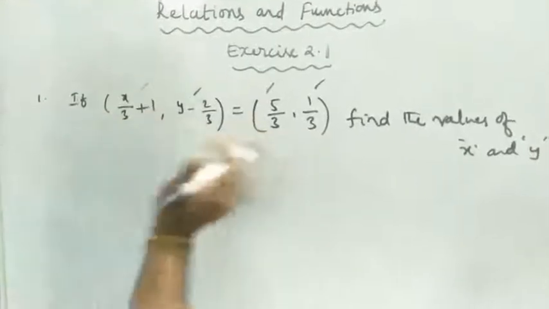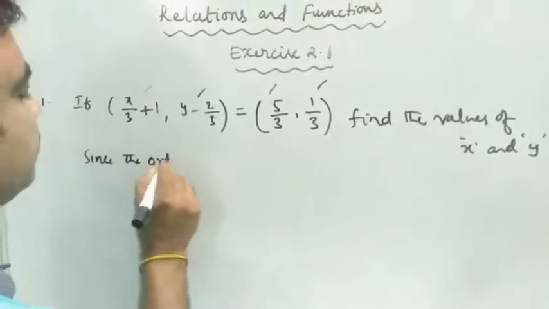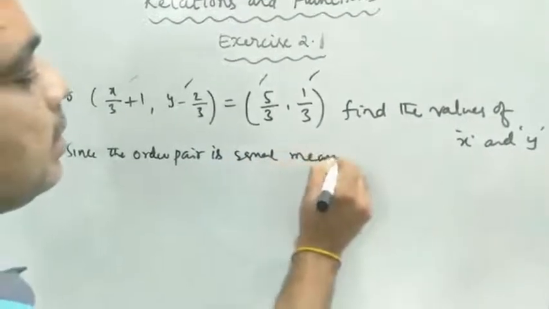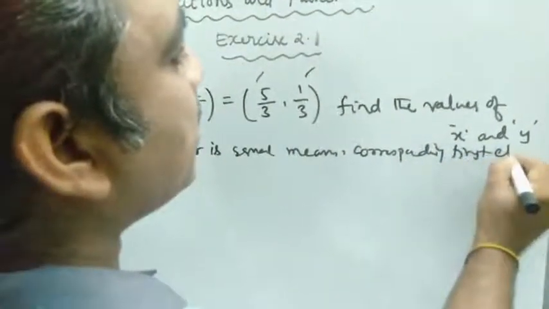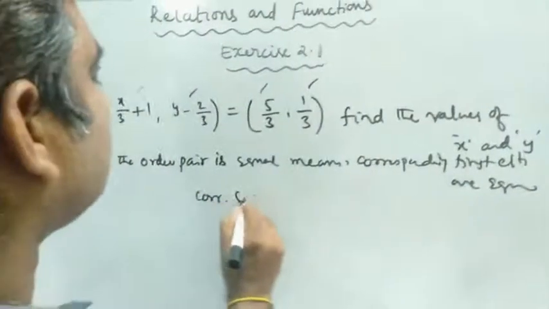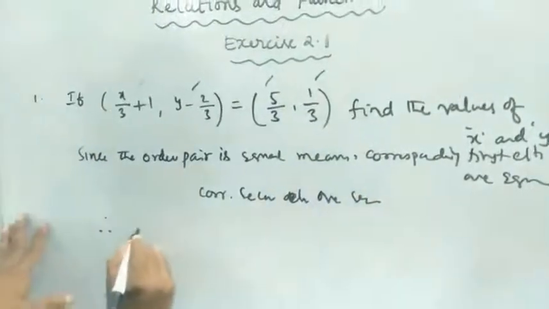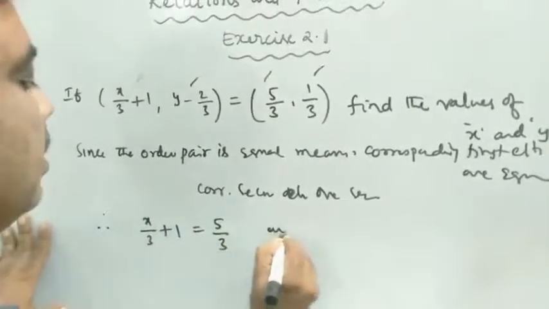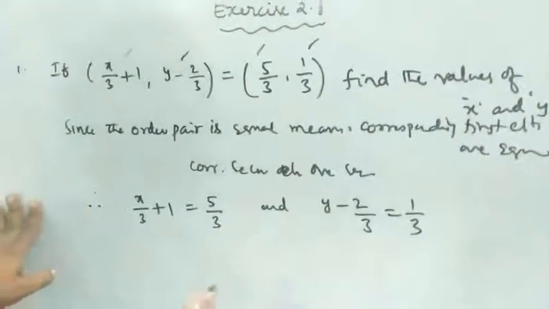Therefore, we can write x/3 + 1 = 5/3 and y - 2/3 = 1/3. Our aim is to find the values of x and y.